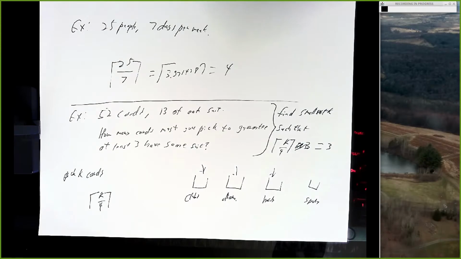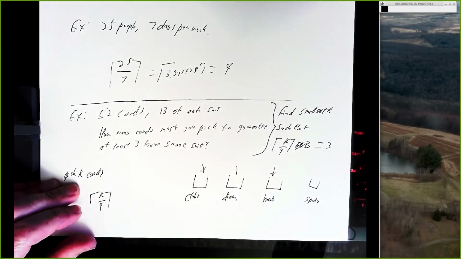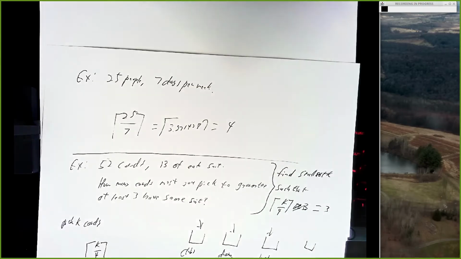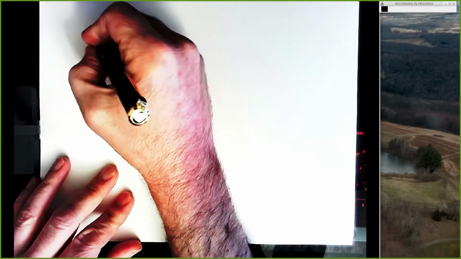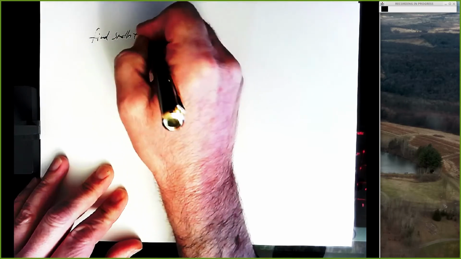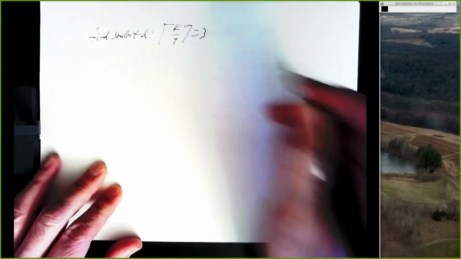And so now I'm just looking for the smallest positive integer such that the ceiling of k over 4 is equal to 3. And that's something that we can do by trial and error. So find the smallest k such that ceiling k over 4 equals 3.